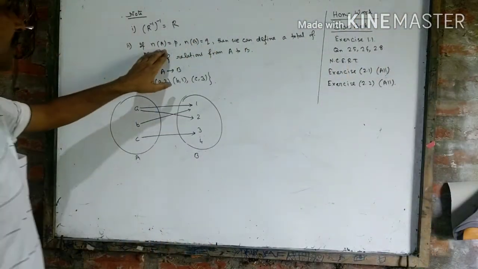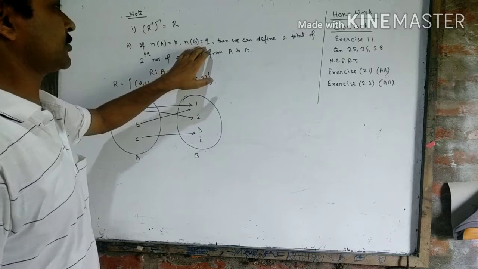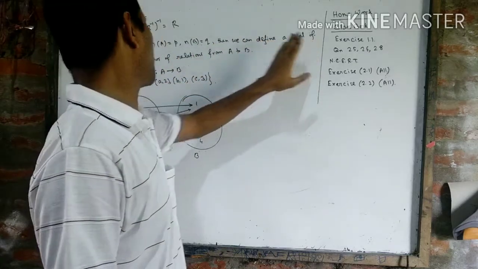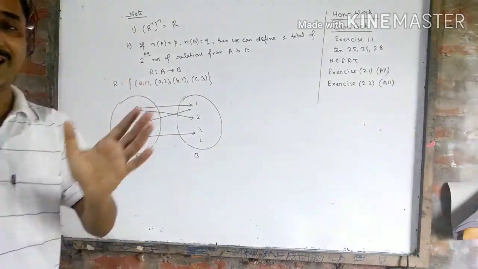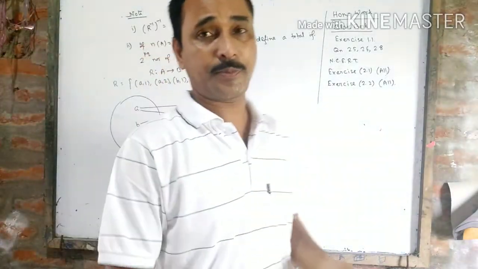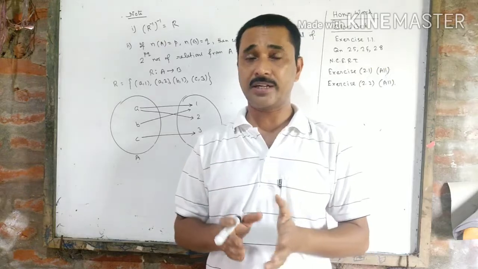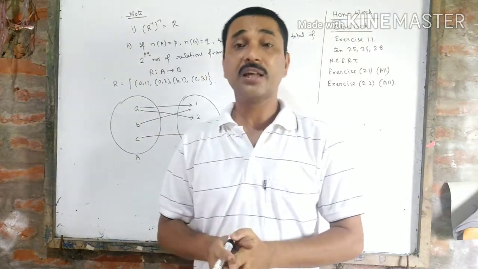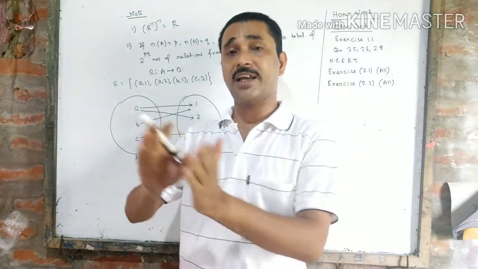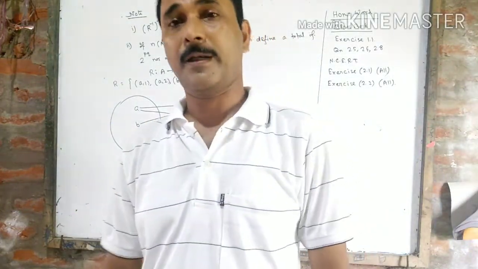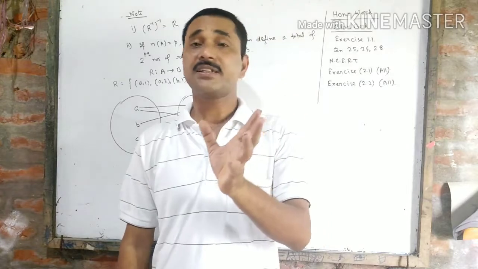If n of A is equal to P, n of B is equal to Q, then we can define a total of 2 to the power PQ relations from the set A to the set B. Suppose your A set has P elements and B set has Q elements. Then the question is, how many relations can we define from the set A to the set B? So what is a relation?